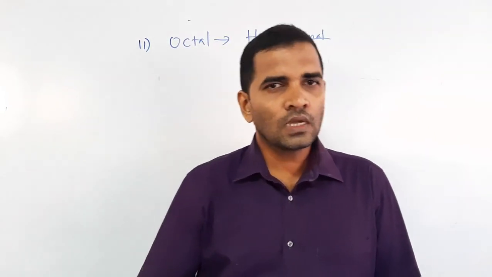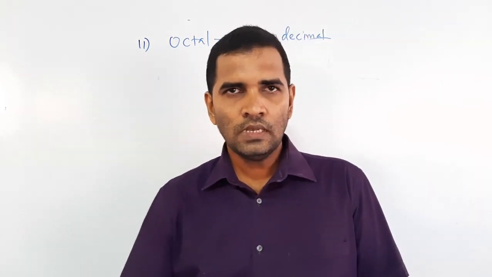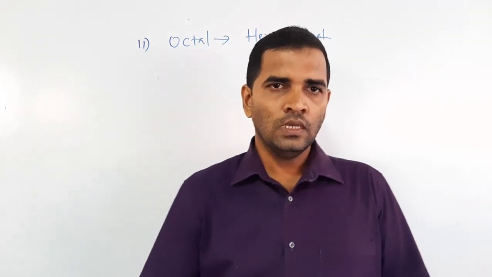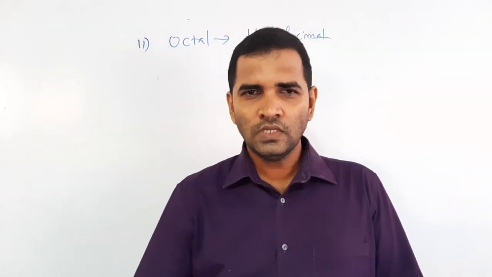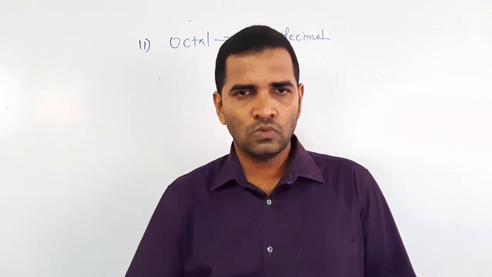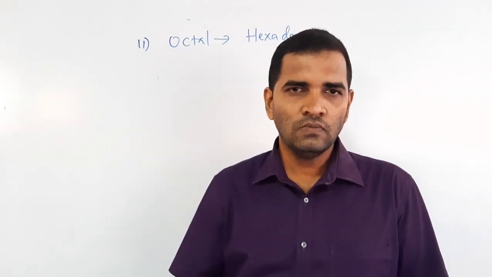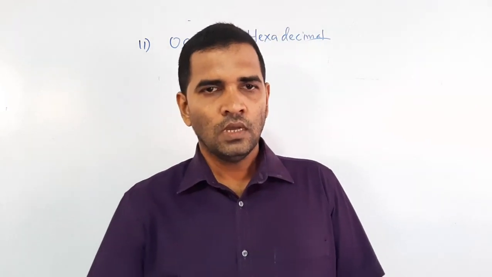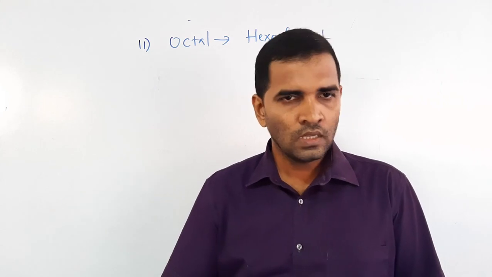But maybe the second option, which I mentioned as option B, may be a little easier because there we convert the things into binary. So you are less likely to make big mistakes there. So we will stick with the second method. But of course, those who use the first method will get marks.